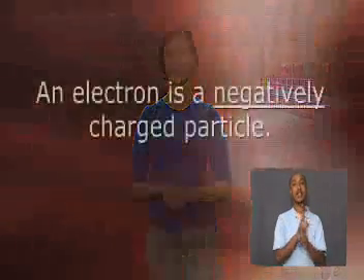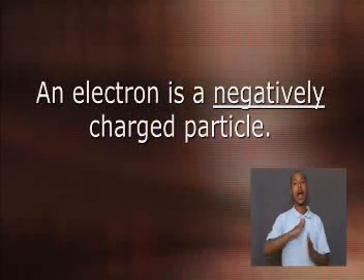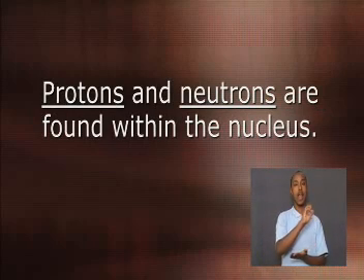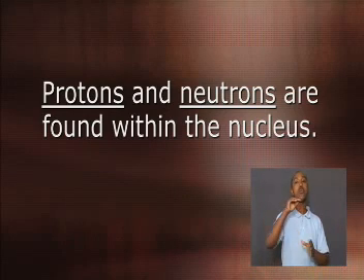Hello again, students. I am sure you had no difficulty with this one. Let us fill in the missing words to see if you got all the right answers. An electron is a negatively charged particle. Protons and neutrons are found within the nucleus.